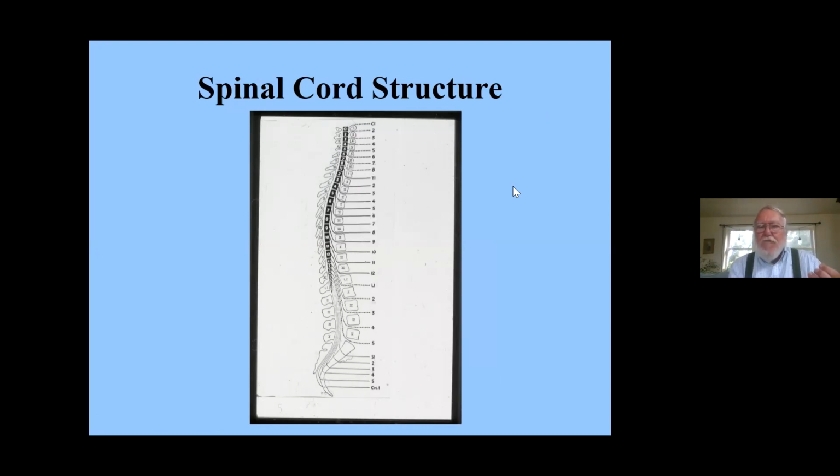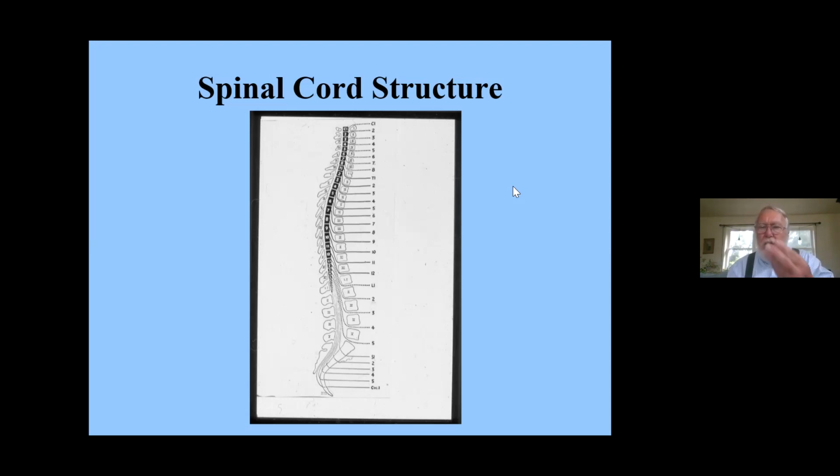The spinal cord is within the spinal column, and the spinal column is made up of a series of paired vertebrae, of which there are 31 pair. Between each vertebra is something called an intervertebral foramina.